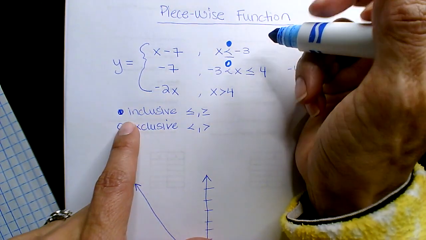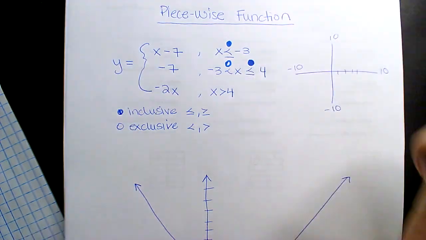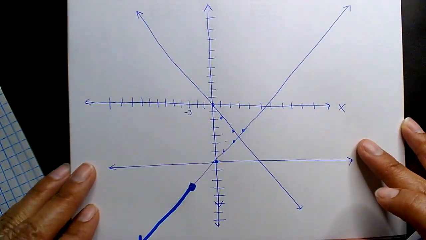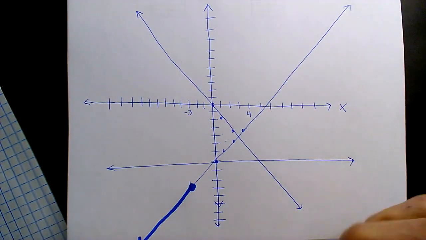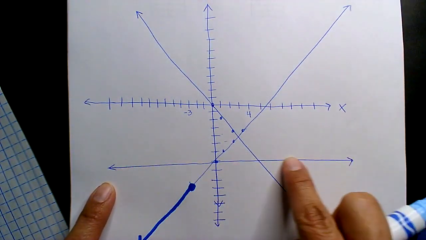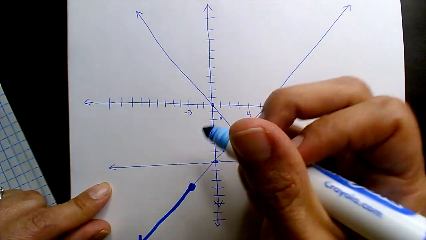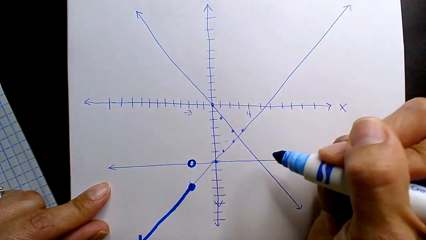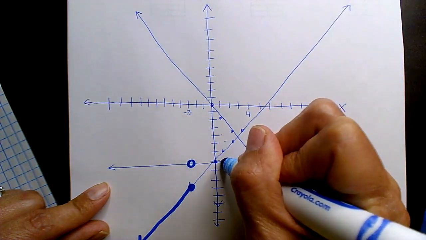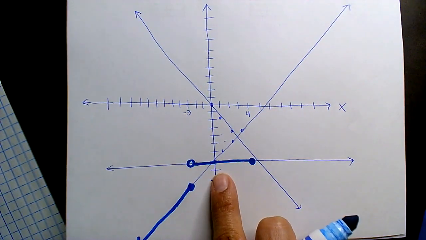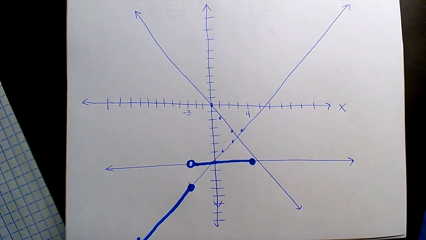Positive 4 should be closed, so between negative 3 and 4, where's 4? 1, 2, 3, 4. So remember, this is my horizontal line. From negative 3 it's an open circle, at 4 it's a closed circle, and this is the only part of the horizontal line, y equals negative 7, that should be graphed.